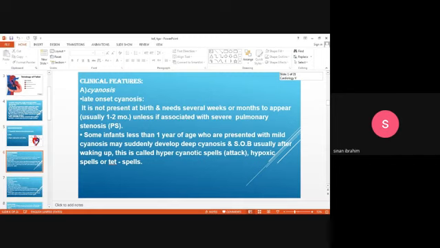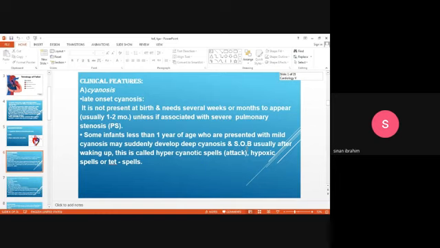Some infants less than 1 year of age who present with mild cyanosis may suddenly develop deep cyanosis and shortness of breath, usually after waking up. This is called hypercyanotic spells, or hypoxic spells, or tet spells.